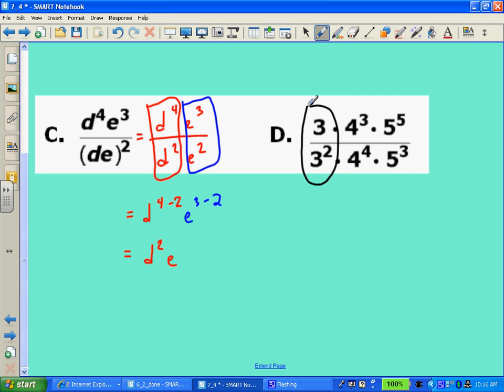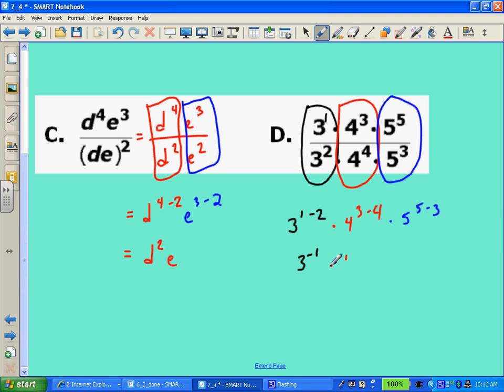Do the same thing over here. I just want to look individually at the ones with the same base. So this would be 3 to the 1 minus 2. Then over here, this is going to be 4 to the 3 minus 4. And then over here, this is going to be 5 to the 5 minus 3. So 3 to the 1 minus 2, well that's 3 to the negative 1st. 4 to the 3 minus 4, that's 4 to the negative 1st.